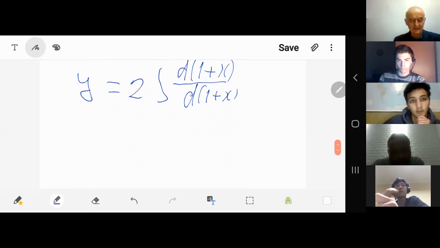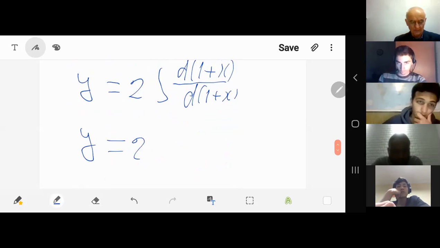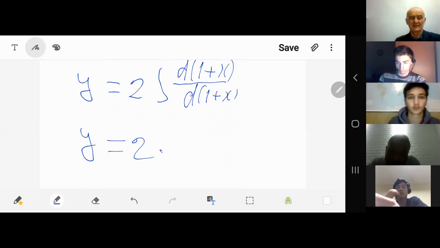Okay, now let's continue. Here we have y equals 2 times the integral of d(1 plus x) over, oh, I made a mistake. Could you notice the mistake? In the denominator? Yes, absolutely. In the denominator we don't need d.